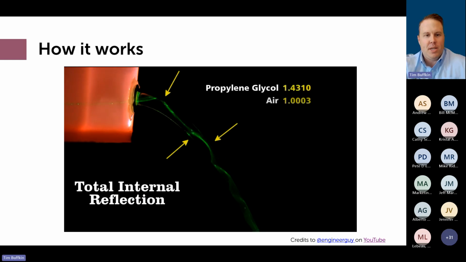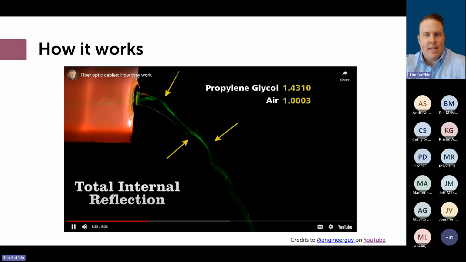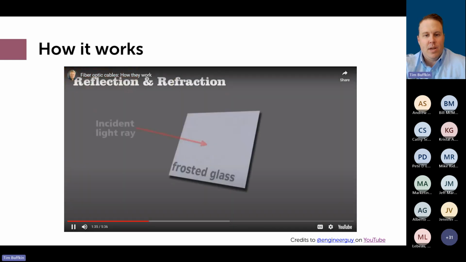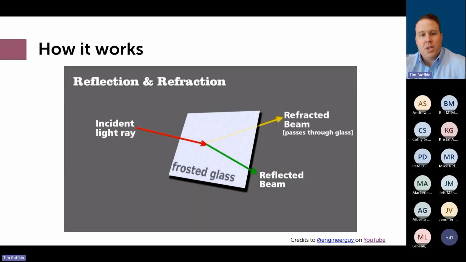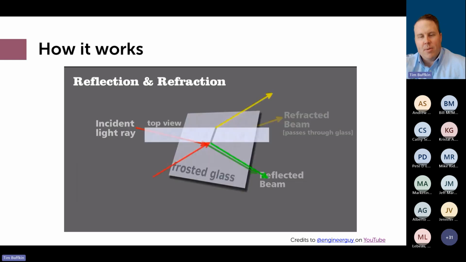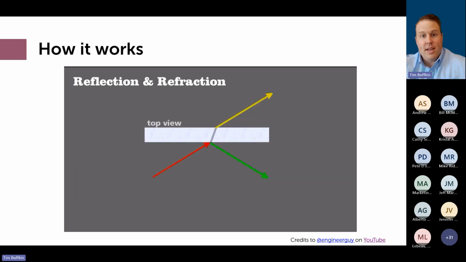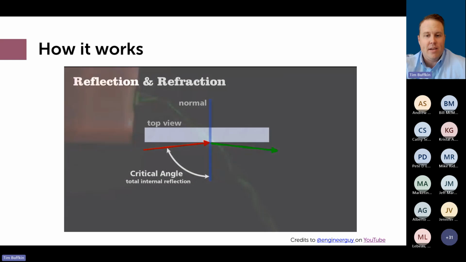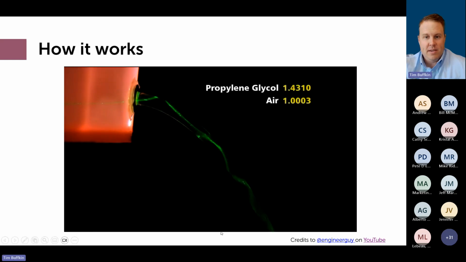Here he mentions the density of the two different mediums. Essentially, the light is going from the propylene to the air, so part of the light is escaping and part of the light is bouncing down. That's what's creating this.